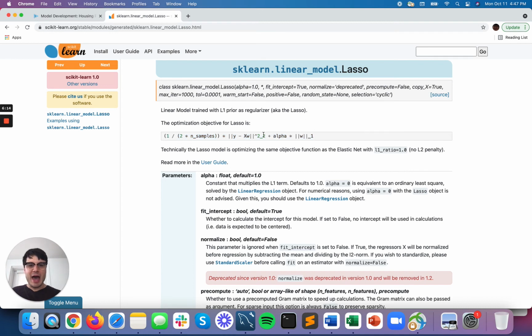And therefore, by adding this extra term and saying you're trying to minimize this entire equation, you're essentially saying that if you add more weights to the model, you're not going to get this to be the lowest that it can be. So the only way to get this whole equation to be the lowest possible value is to have a lot of the weights of your model be set to 0.